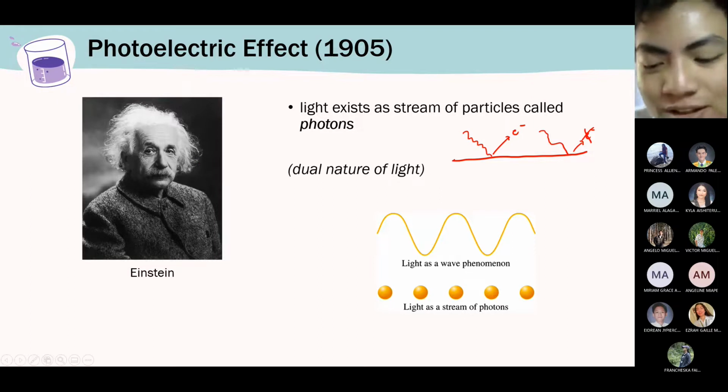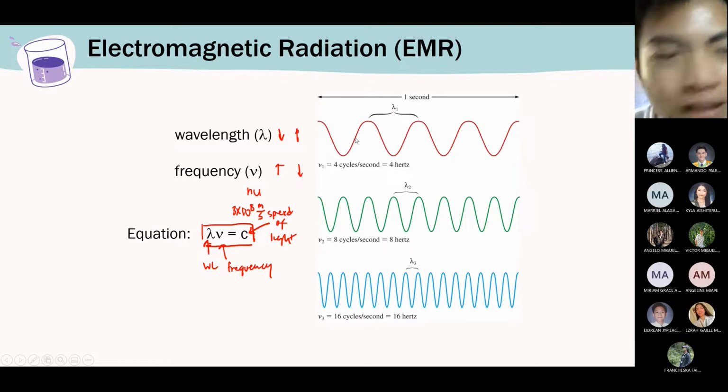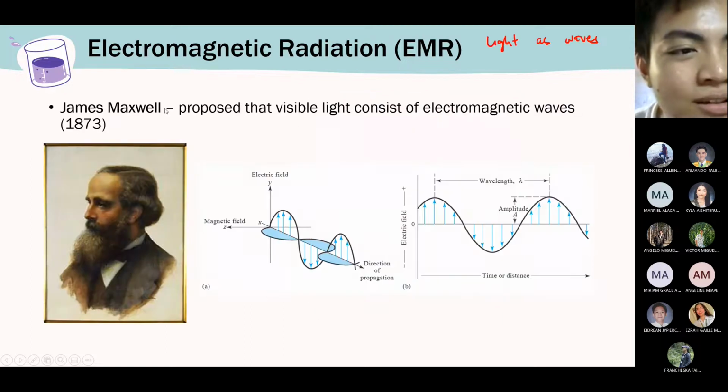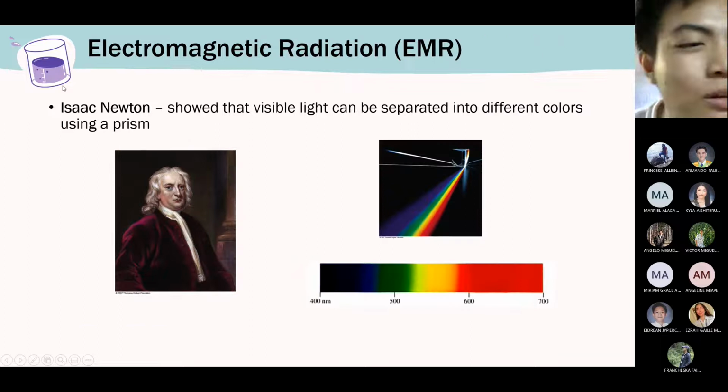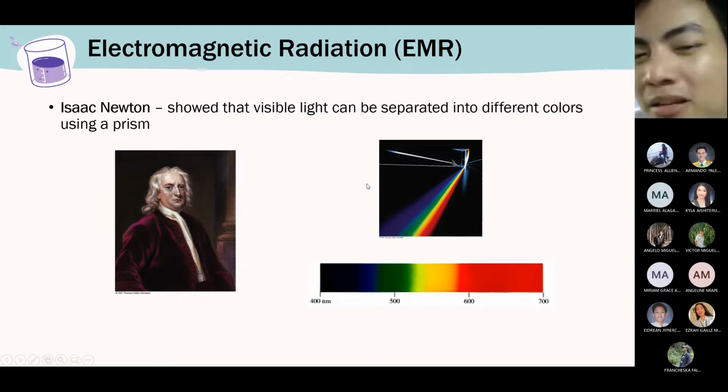Okay? So that's a short history of yung mga tao na kilala in the field of electromagnetic radiation. So we have Maxwell, who stated that light is the oscillation of electric and magnetic field. Isaac Newton, who stated that light can be split into a spectrum of colors.